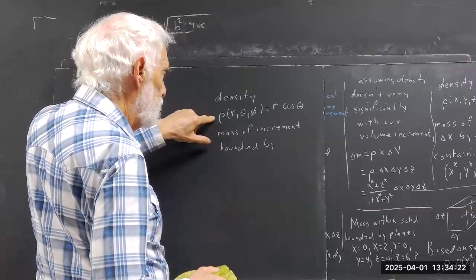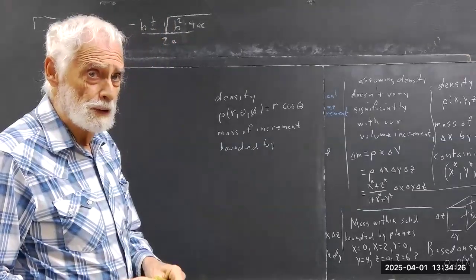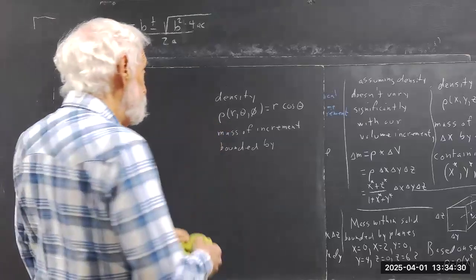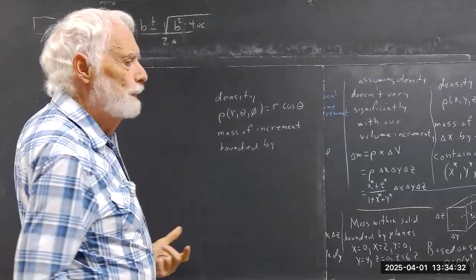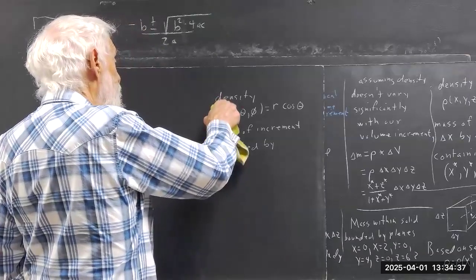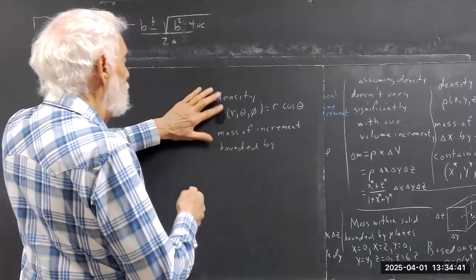I'm using rho for my density. That's kind of okay when I'm in cylindrical coordinates. When I get to spherical coordinates, it's going to get real confusing, right? I don't want to use d because we've got dx's and dy's and dz's. So I don't know what in the world to use for density.